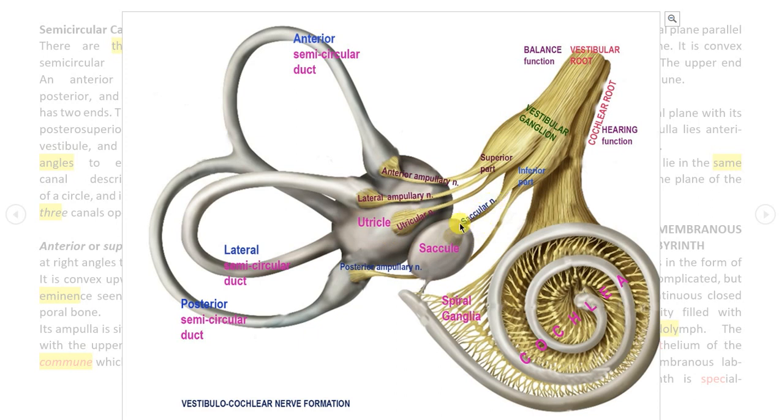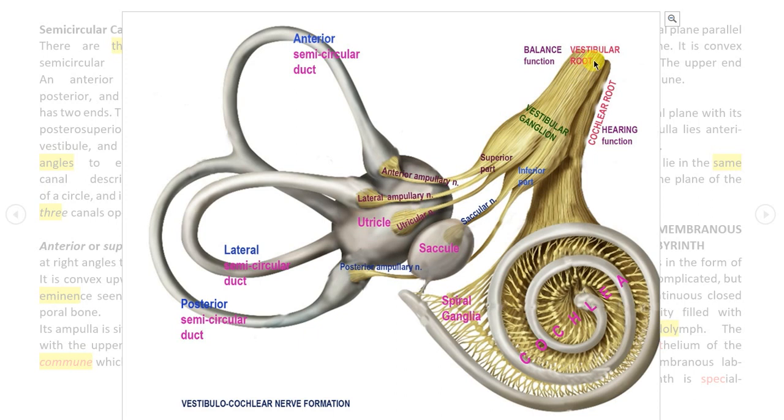This saccular nerve will innervate the macula of the saccule, which is inside this tissue. These 3 plus 2 nerves, 3 ampullary nerves and 2 utricular and saccular nerves, these five will together enter the vestibular ganglion and continue with the vestibular nerve.